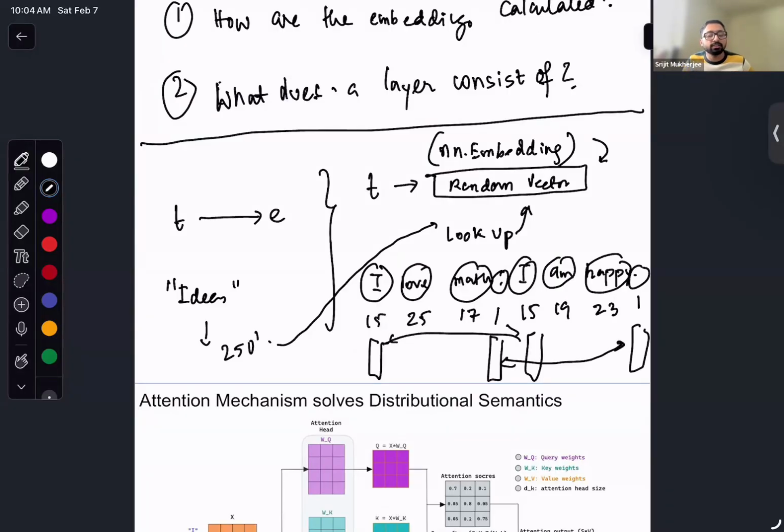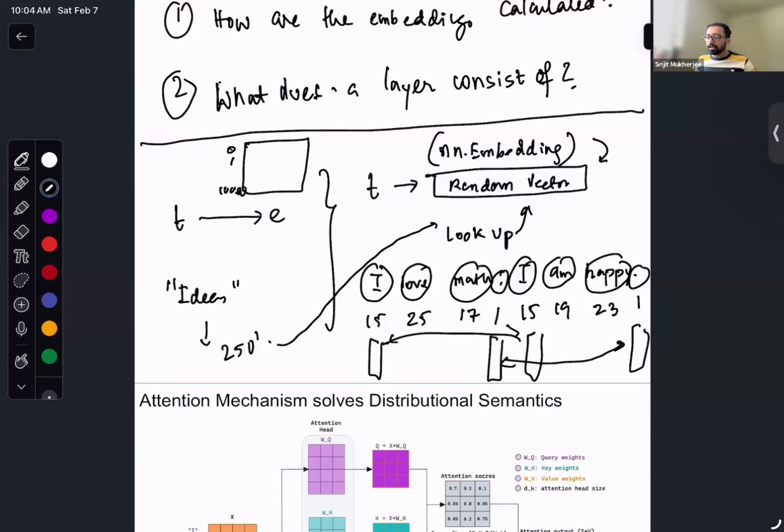Does it make sense, Saket? Yes. So how do you do that? There's a large table out there, which means it's a matrix, and the entries in that table are random vectors. Let's say 10,000 rows: 1, 2, 3.